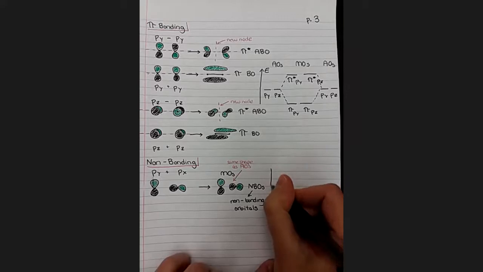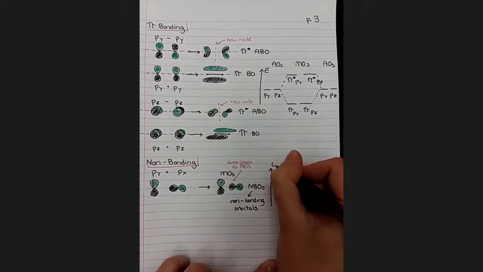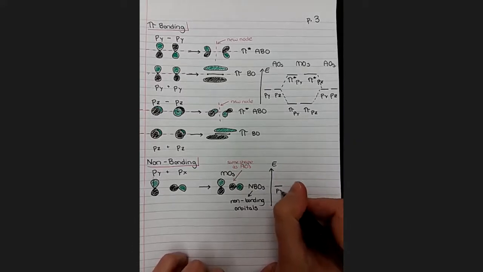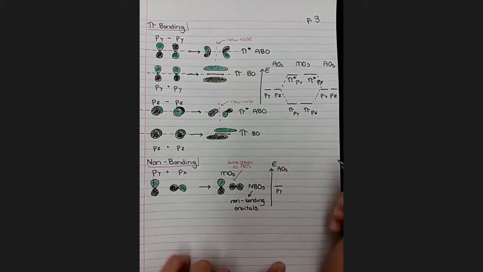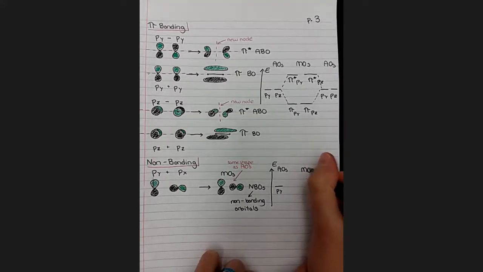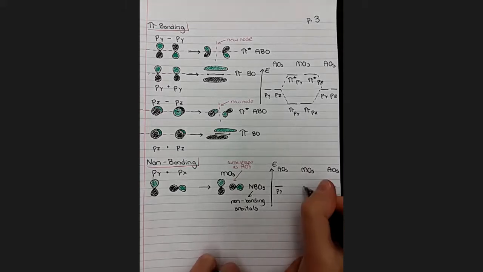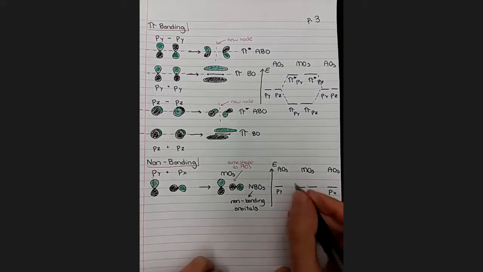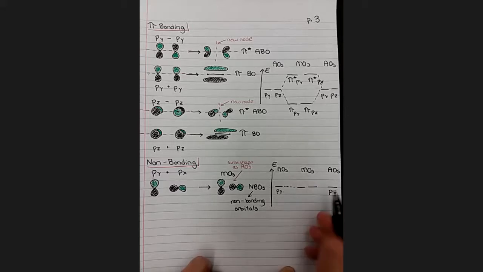And if we were to draw an energy diagram, which in advanced level situations we would, we would say, here is a py orbital for this atom, and here is a px orbital for another atom, which are the same energy, so in that respect are a good match, but they do not have good shape overlap. So we're going to draw them here at the exact same energy that they started. And we're going to draw this one on the left only connecting to one atom, and this one on the right only connecting to one atom.